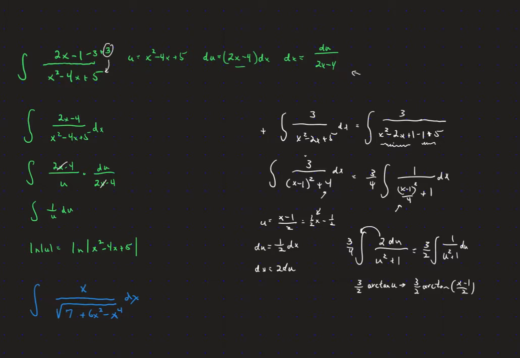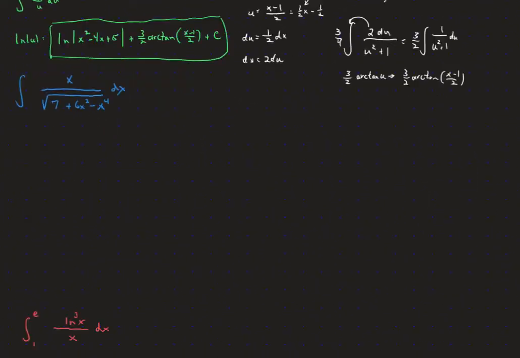So I'm going to bring it over together, and we're going to get a plus, I believe it was, 3/2 arctangent of x minus 1 over 2 plus c. Whew, there's a lot going on in that problem. Oops, I guess I didn't really need this part of it. So that's going to be our answer to our integral.